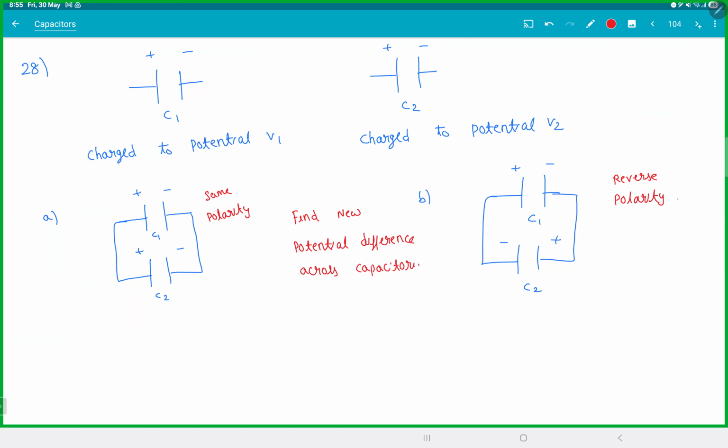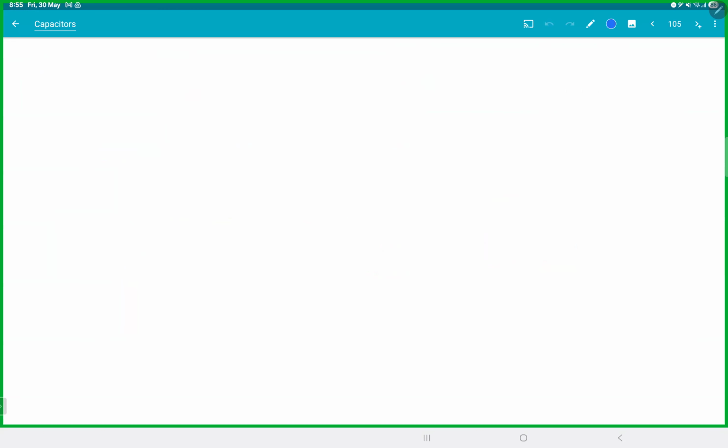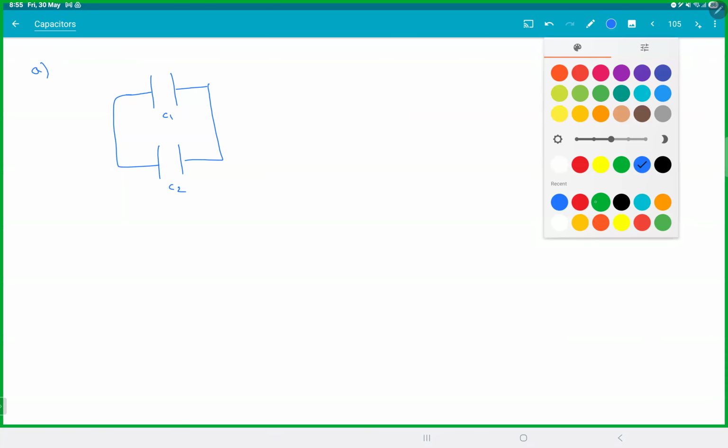How do we get this? Same story. Let charge Q flow away from any one capacitor.